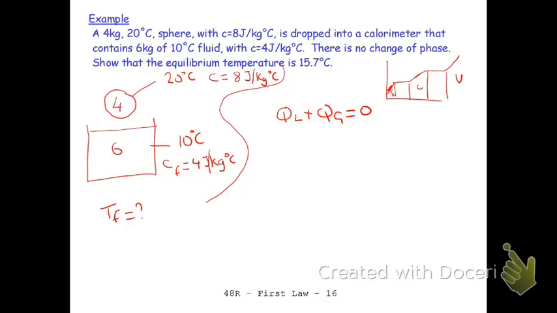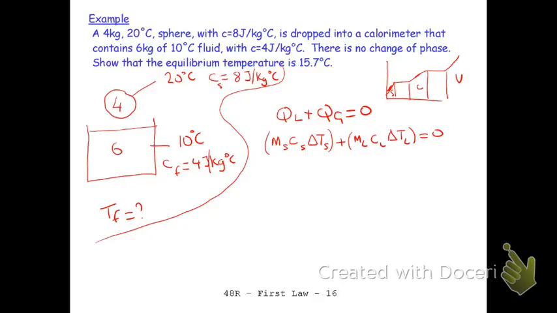It's going to be the mass of the sphere times the specific heat for the sphere times the temperature change for the sphere, plus the mass of the liquid times specific heat of the liquid times the temperature change for the liquid, equals 0. If you add together what was lost with what was gained, you get 0.